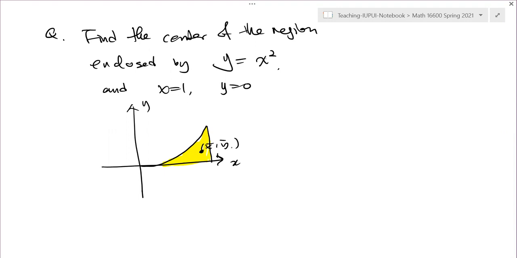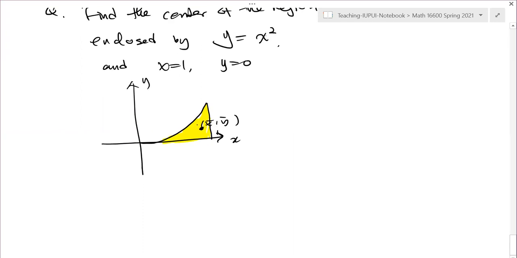Now, how to do that? If I project this region to the x-axis, at the point x my density function will be the length of this, because it's longer, so it has more mass at that point. So that is going to be x squared.